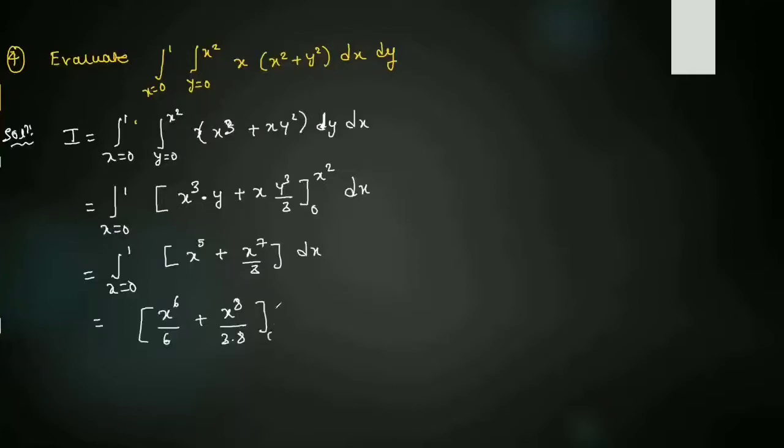And limits are 0 to 1. Here again I substitute this, and 0 because it is 0, I did not substitute. I kept as it is. So here also it is 1 by 6, 1 by 24. The answer is 5 by 24.